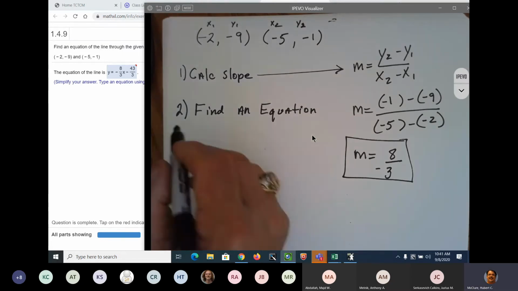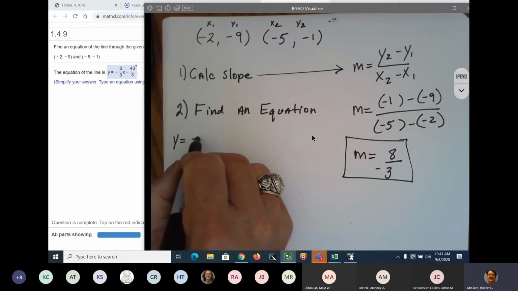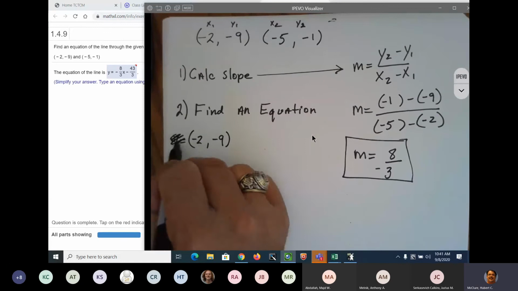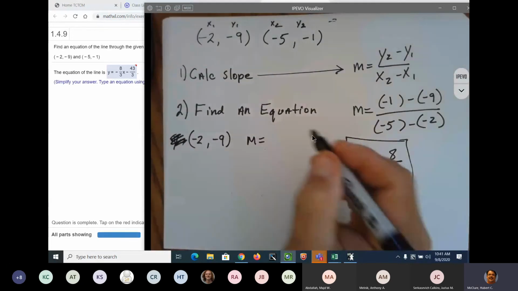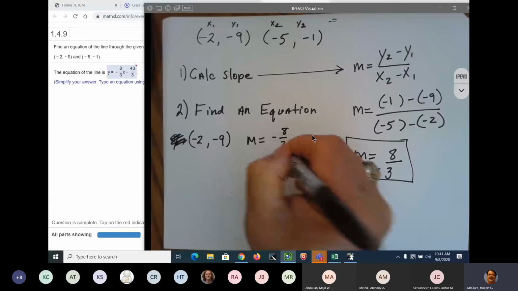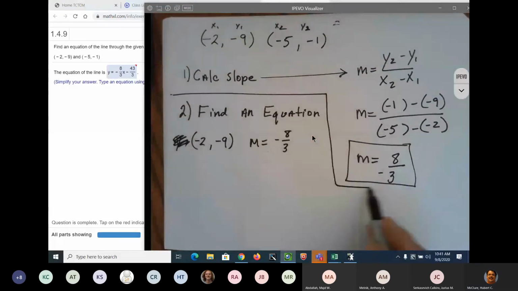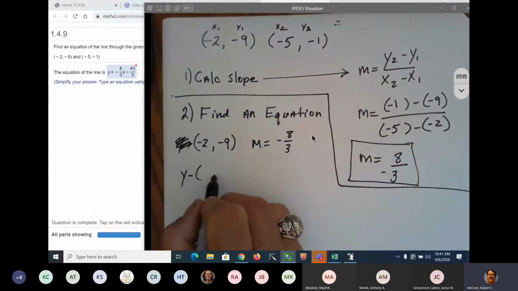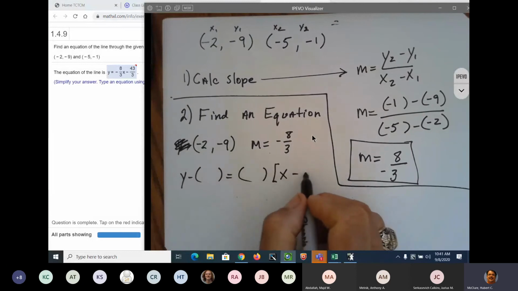So now the second part. Our point is (-2, -9), and m is equal to negative 8/3. And this is the second part. So y minus parentheses equals parentheses times x minus parentheses.